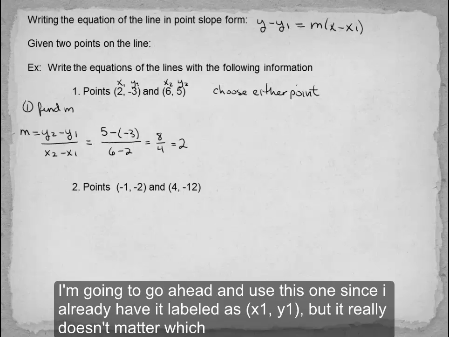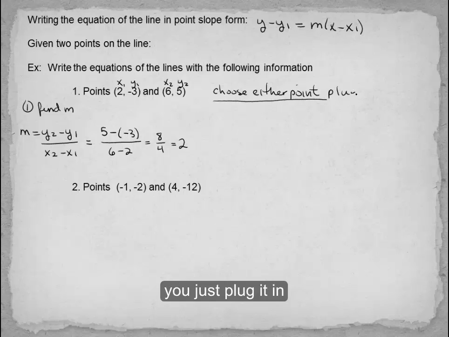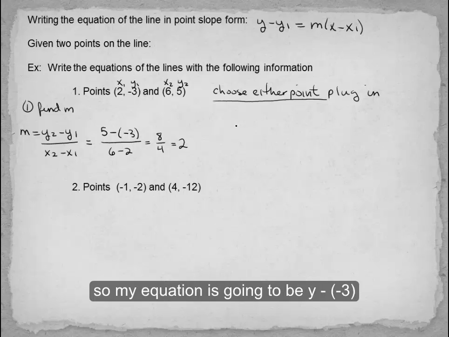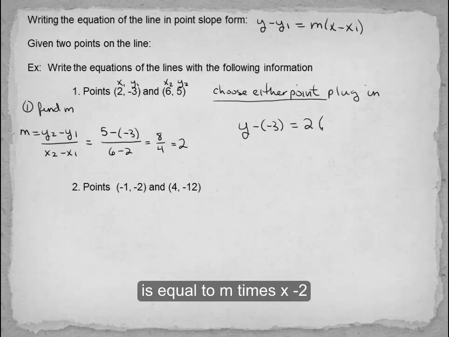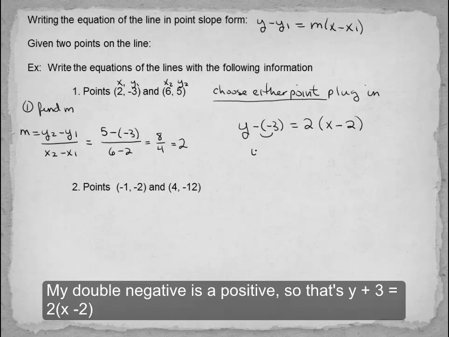I'm going to go ahead and use this one since I already have it labeled as x1, y1, but it doesn't really matter which. You just plug it in. So my equation is going to be y minus -3 is equal to m times x minus 2. My double negative is a positive, so that's y plus 3 is equal to 2 times x minus 2.